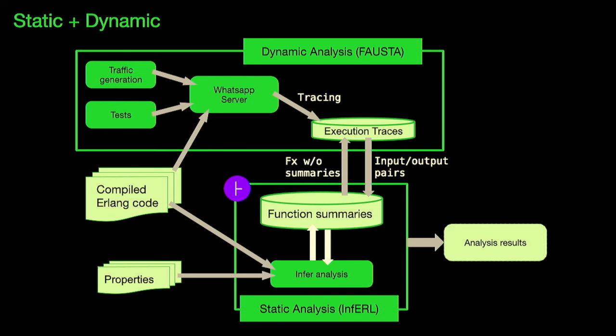And then we log the execution traces, including the input and output pairs of the functions. And later, when Infer analyzes the complex functions, we directly use the observed pairs instead of doing the inference. We have made some initial evaluation and found this combined approach is more effective than running each of the two independently.